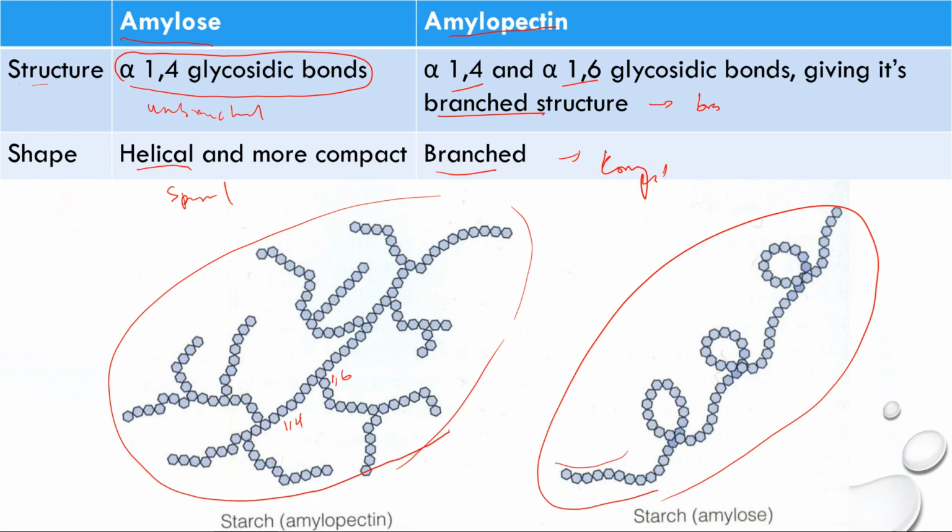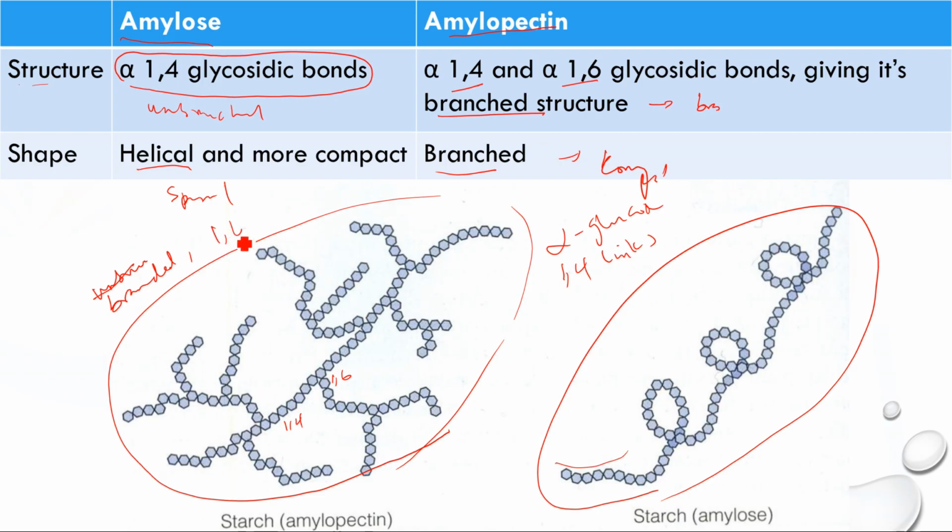But you see their similarity. The similarity is that both of them are made up of alpha glucose monomer. And both of them have 1,4 links. But if you check their differences, amylopectin is branched.